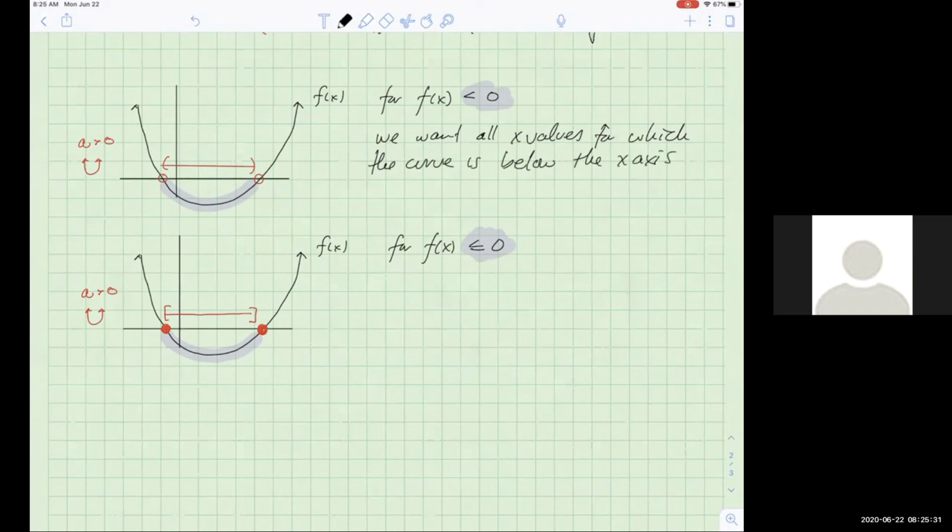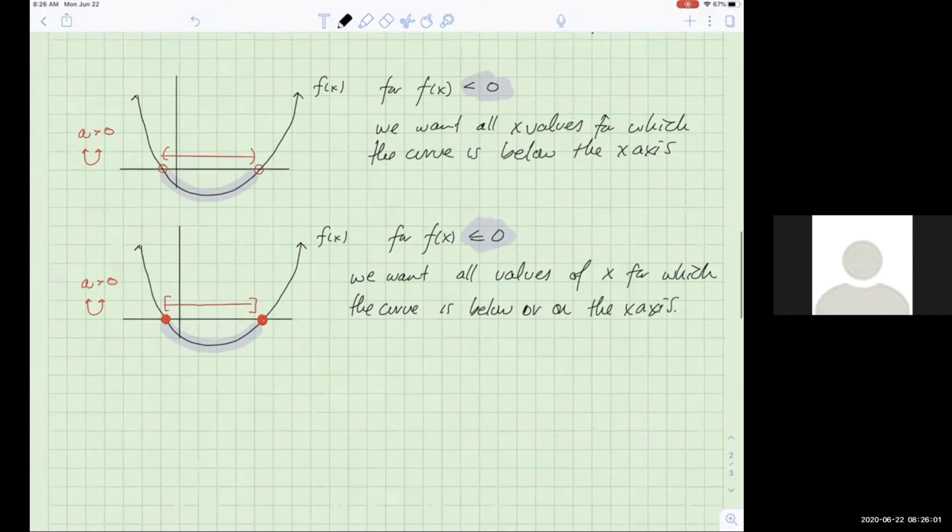And then finally in this bottom scenario, we want all values of x for which the curve is below or on the x-axis. So let's take a look at an example.